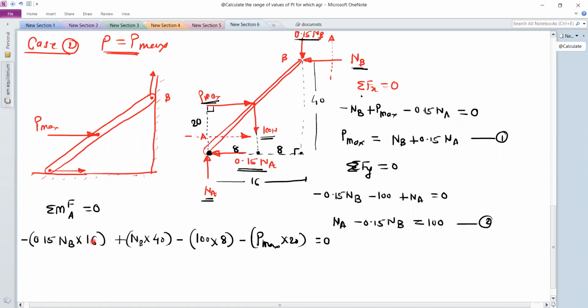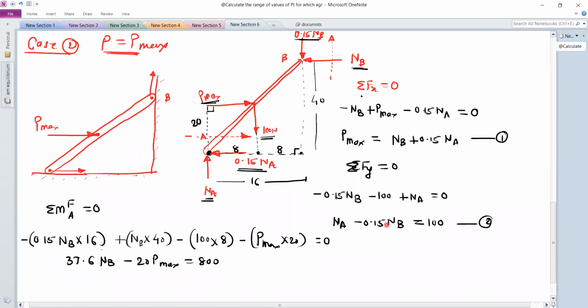Now from this equation, you can take NB common and get one coefficient for NB. So this is 37.6 into NB minus 20 P max, and this is equal to 800.